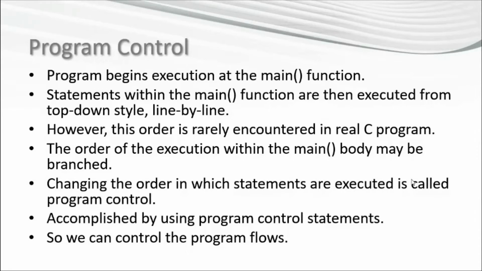While studying the flowchart, we have seen the different types of programming structures. Three different types of programming structures we have seen: a sequence, then a control, as well as a looping structure. Then the order of execution within the main body may be branched.